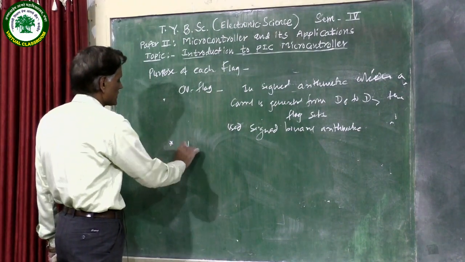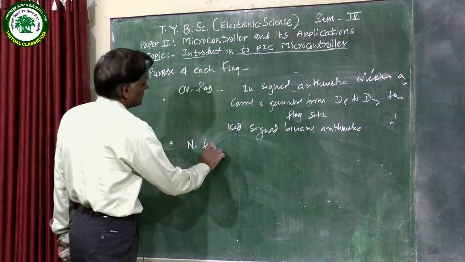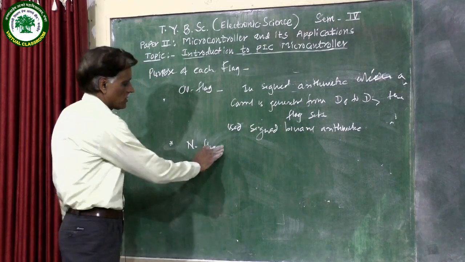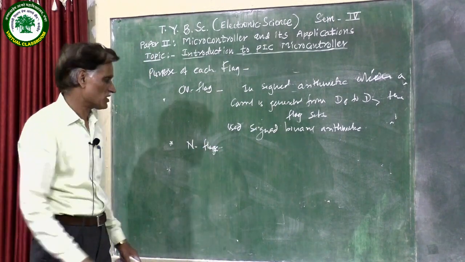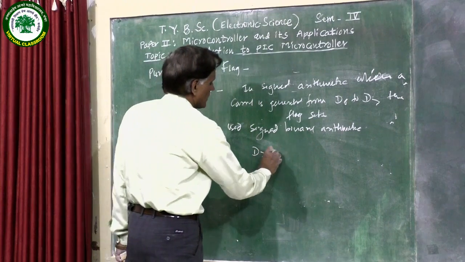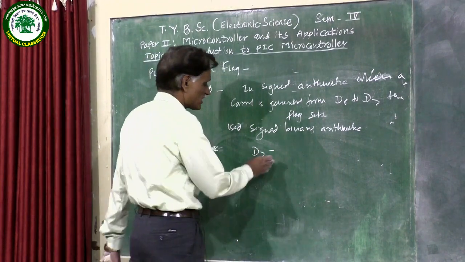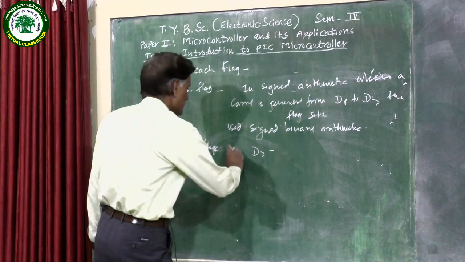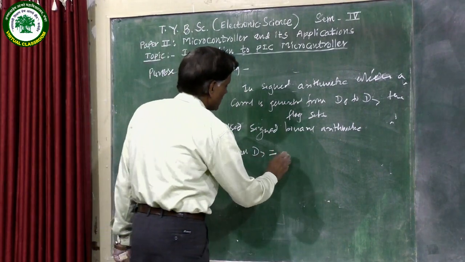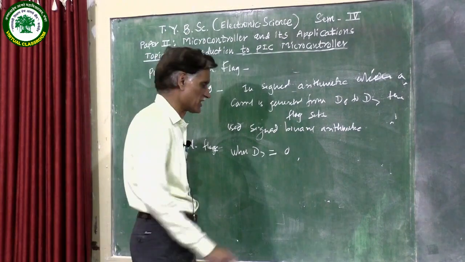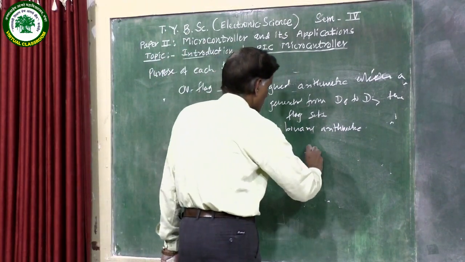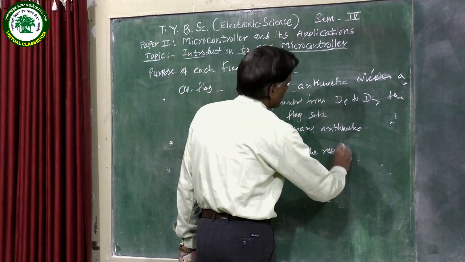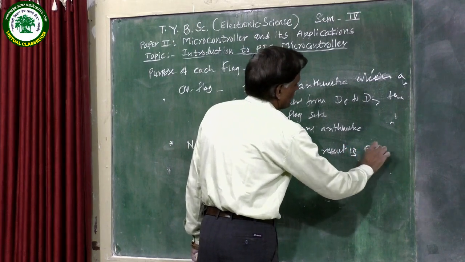And the last flag I will take into account is known as the negative flag. You know, the D7 bit always indicates whether the corresponding data is positive or negative. When the D7 bit is 0 in signed arithmetic, it indicates that the result is positive.